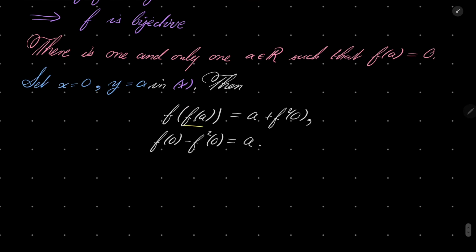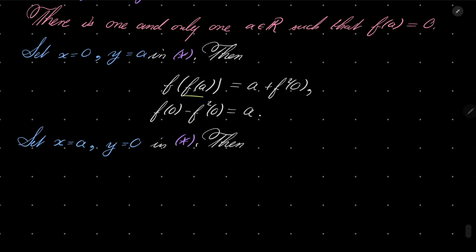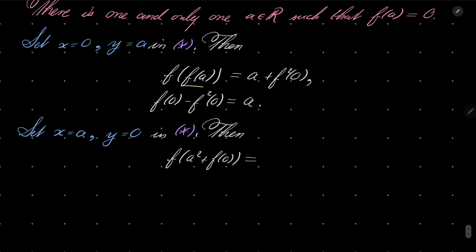Alright, and now let's set the other way around. Let's now set x to be a and y to be 0 in our condition asterisk. Then we have the following. So if x equals a, I have f of a squared plus f of 0 equals y plus f squared of a. y is 0, so we have f squared of a, but f squared of a is 0, because it's 0 squared, and 0 is just f of a.